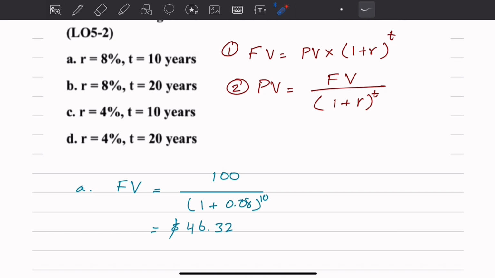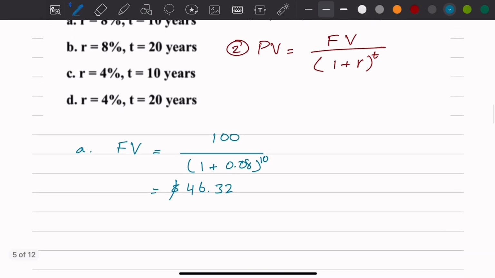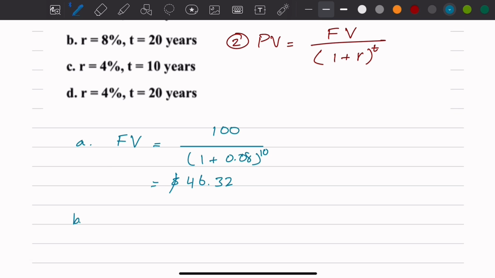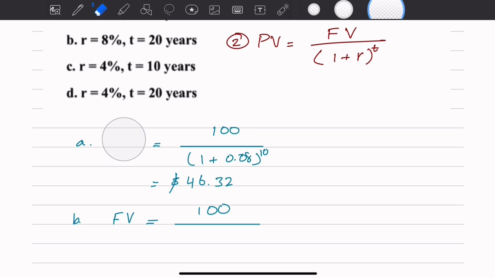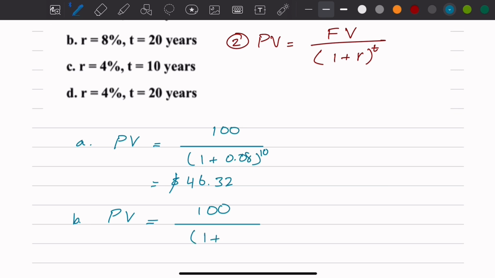Okay, all right. Now let's go to the next one. B, the future value is going to be, again, 100. We're using the same future value. Sorry, I was writing future value the whole time, my bad. We are calculating the present value. Present value. Okay. 1 plus 0.08 to the power of 20 this time.